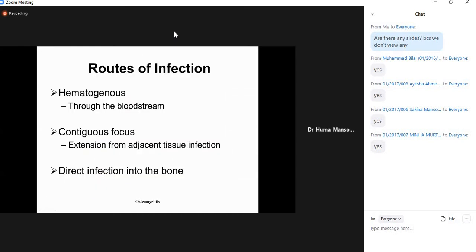So we already talked about how the infection gains entry, either hematogenously through the bloodstream, or due to a contiguous focus, like when you do an internal fixation, or any compound fracture, or extension from adjacent tissue infection. And then there could be direct infection into the bone, as happens in the sicklers.